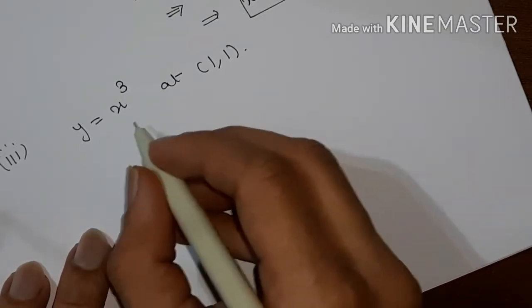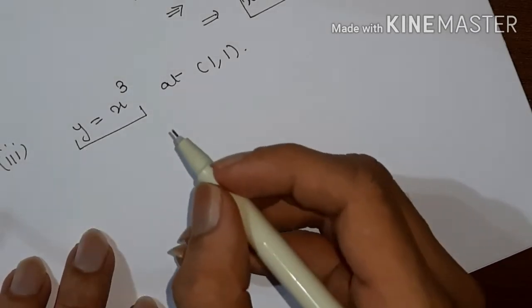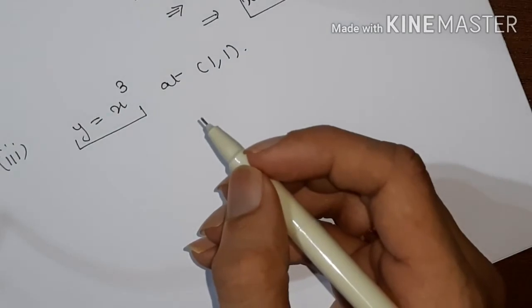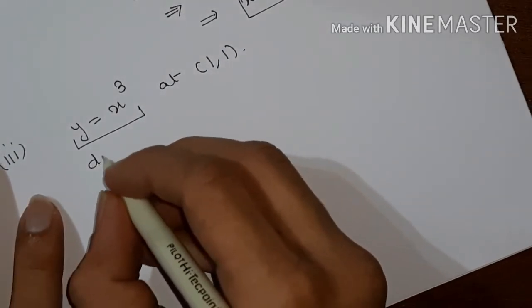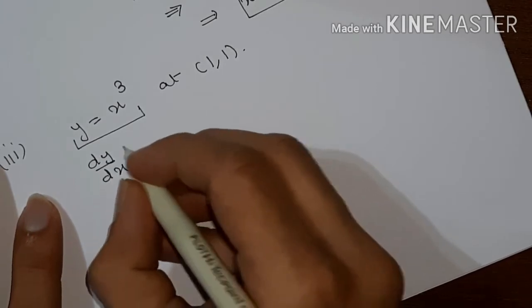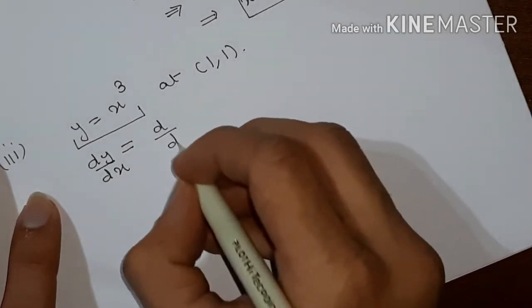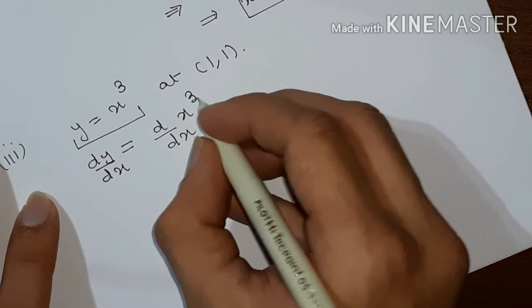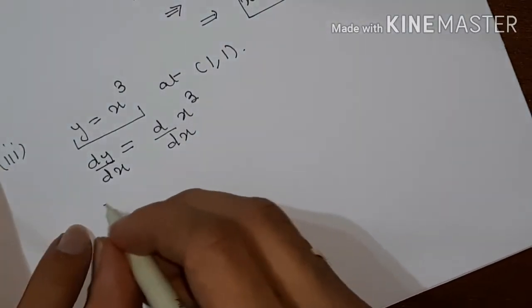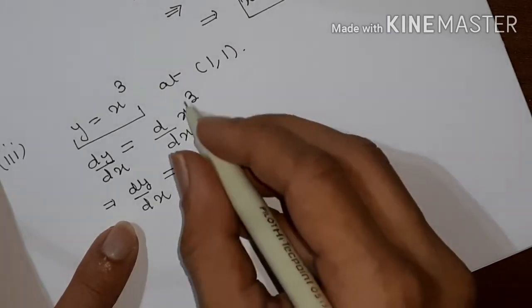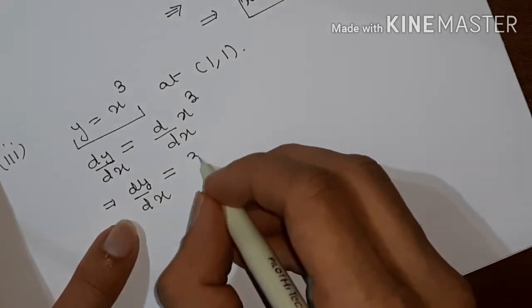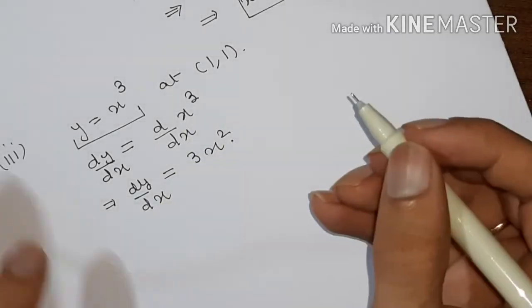So since we have to find the equation of tangent, what we have to do is find dy/dx. So dy/dx is equal to d/dx of x cube. That is dy/dx equal to the derivative of x cube, which is 3x square.